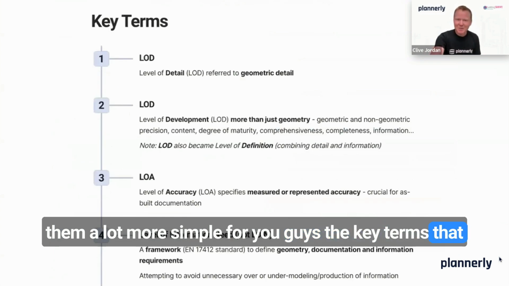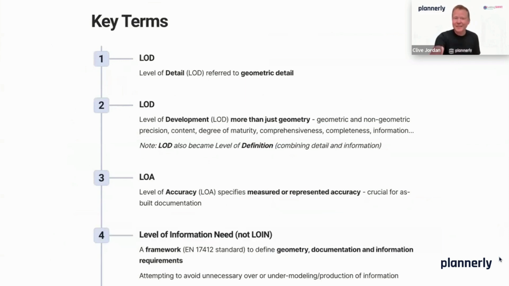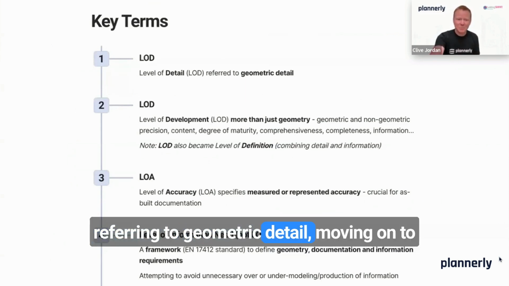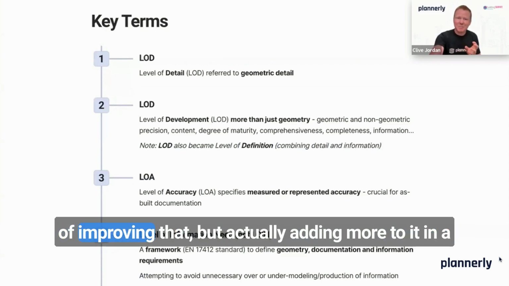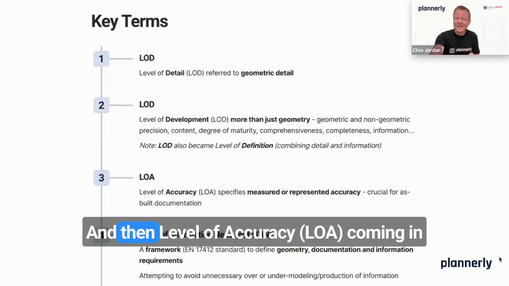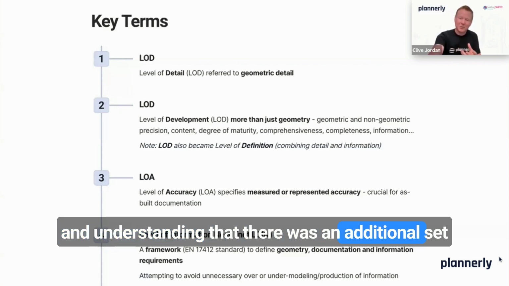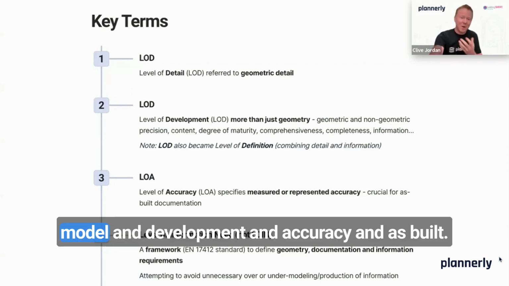The key terms that we will cover: LOD, starting with level of detail, referring to geometric detail, moving on to development, and then definition, the concept of improving that but actually adding more to it in a way that maybe wasn't perfect. Then level of accuracy came in, and the understanding that there was an additional set of aspects we might want to understand about model development, accuracy and as built.